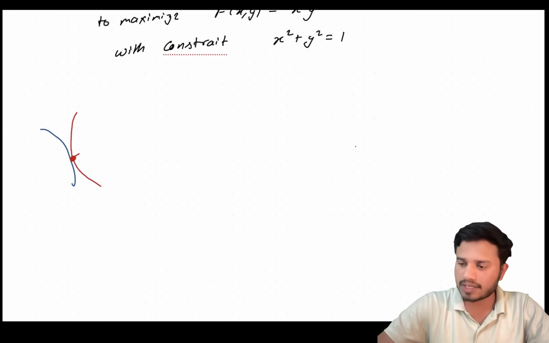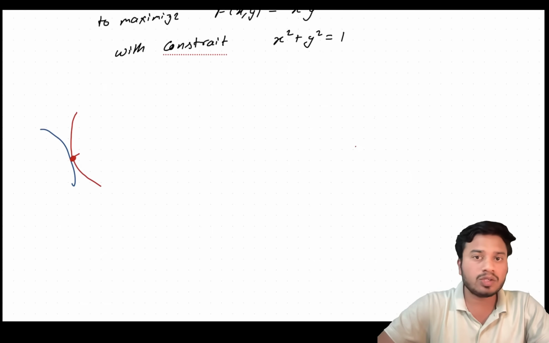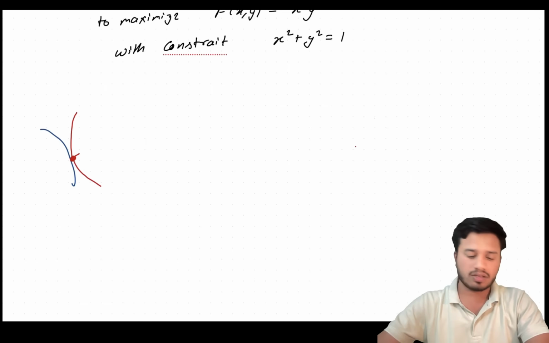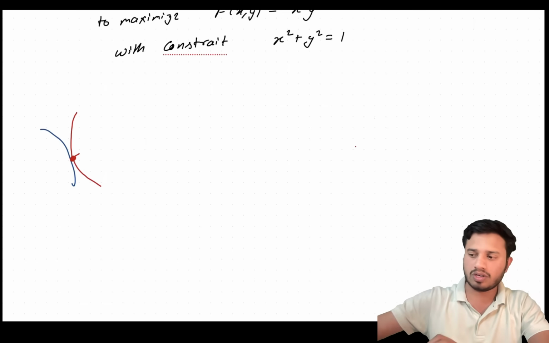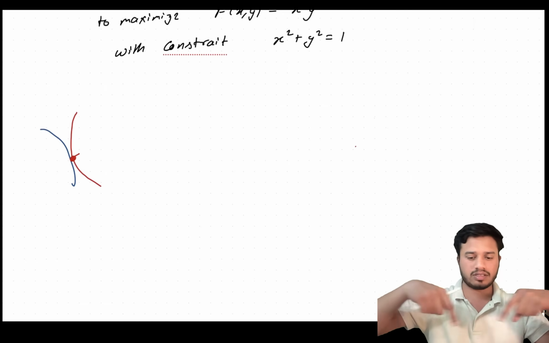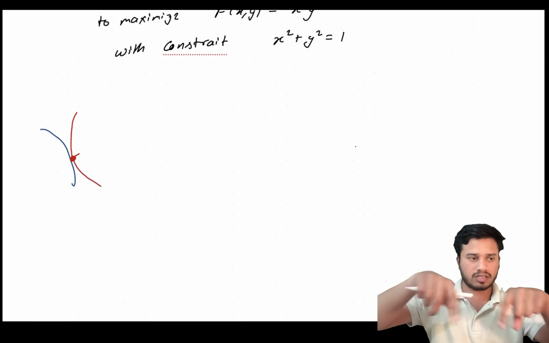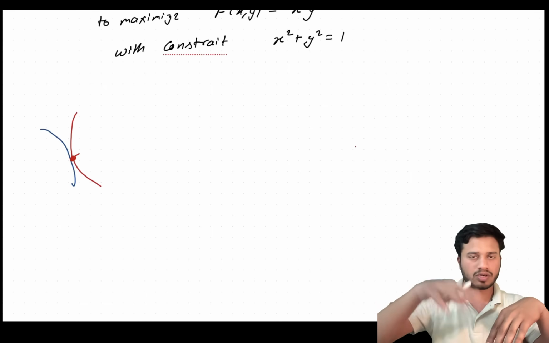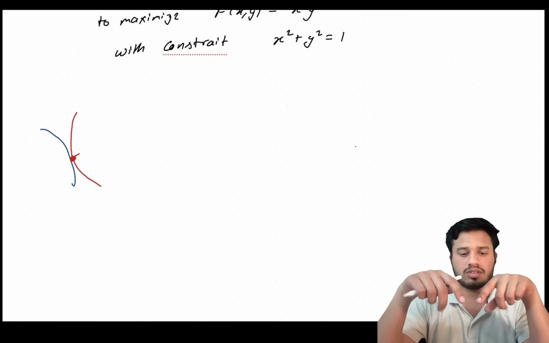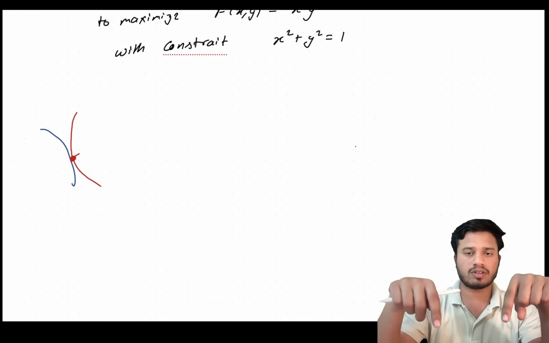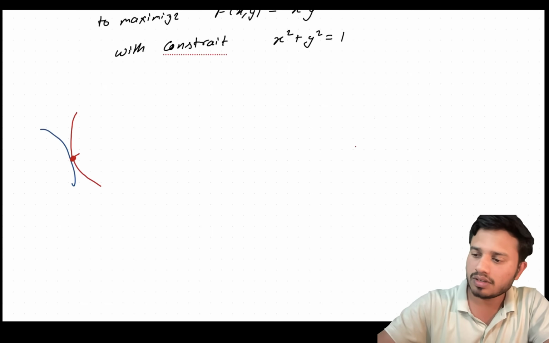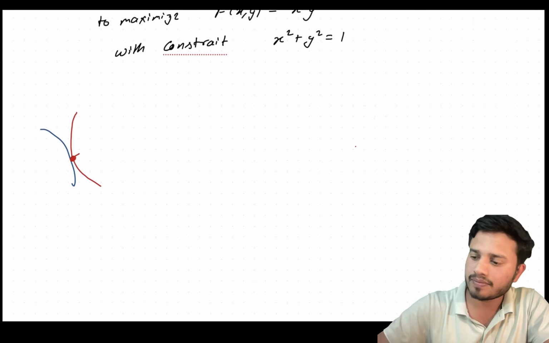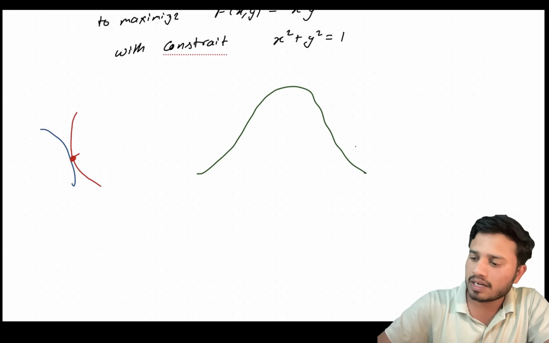So why are contours important? See, when you are on a mountain, contour means you are not going up or down. You have some mountain like this, and there is some curve like this.